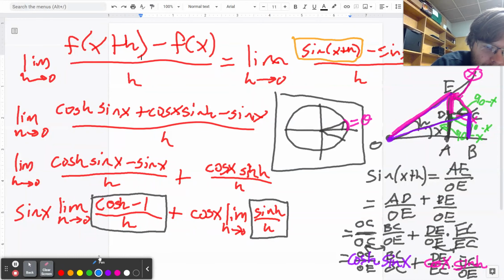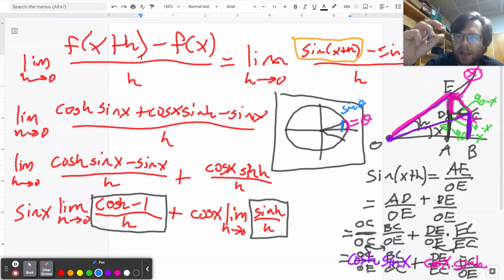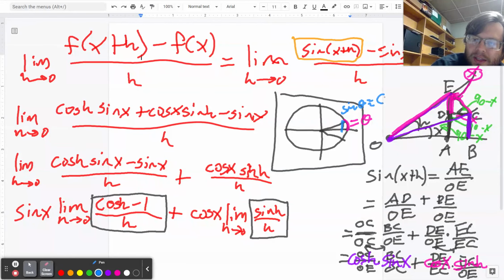The height of the triangle is equal to sine of theta. And what you can see is that as we get closer and closer to zero, that leg of the triangle gets closer and closer to the outside of the circle. In fact, they are so close as to practically be equal.